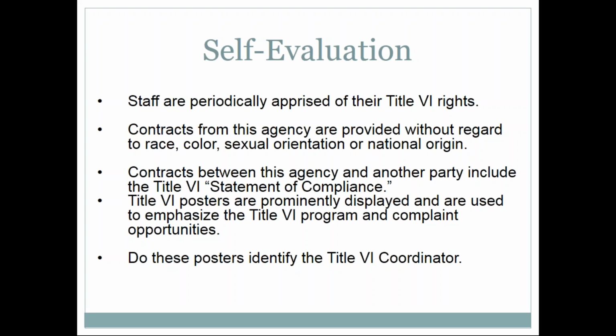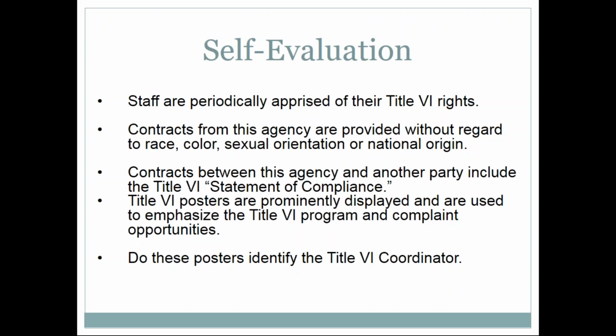All contracts between your agency and other parties, whether you're subcontracting through a grant, or contracting with a trainer or another service provider, should include a Title VI statement of compliance. Title VI information, including posters or brochures or whatever, should be prominently displayed, openly displayed within your organization.